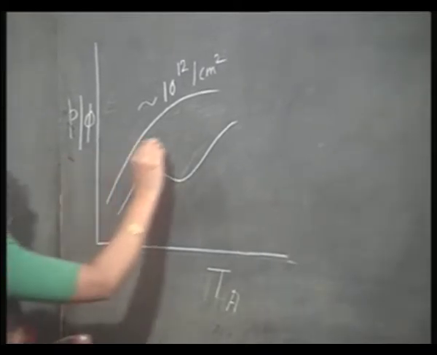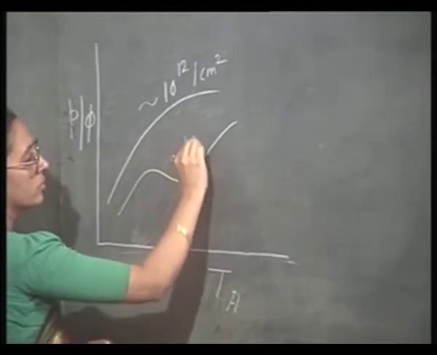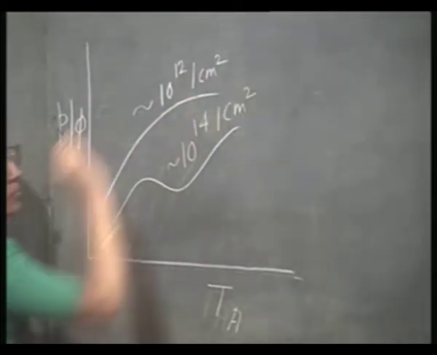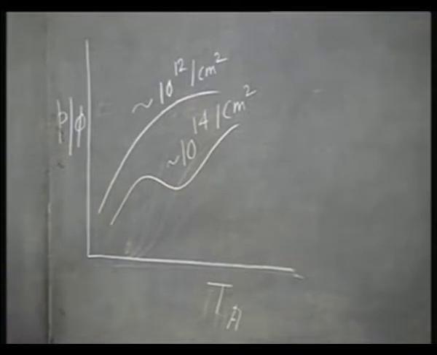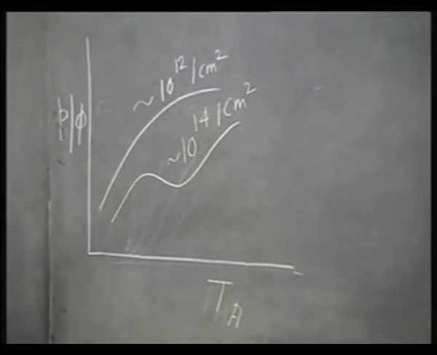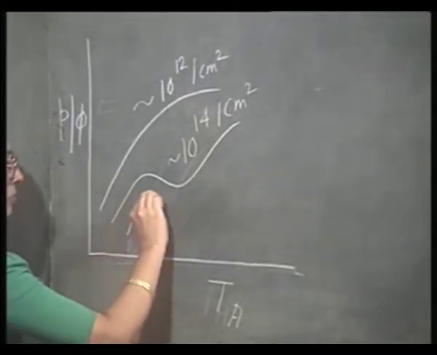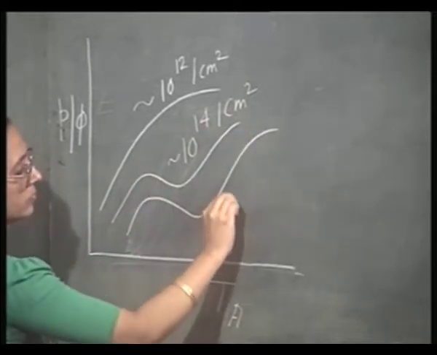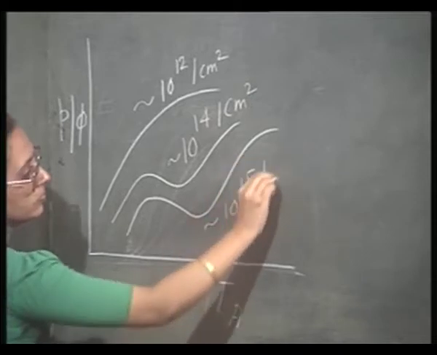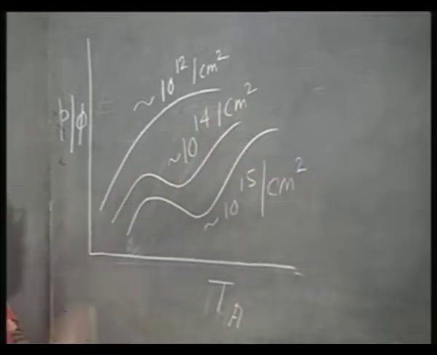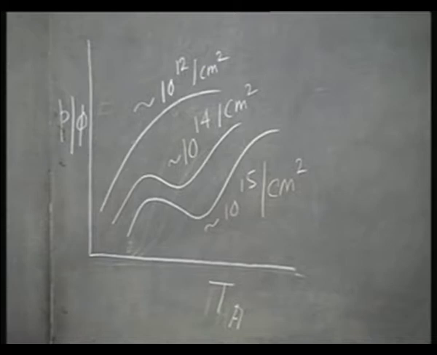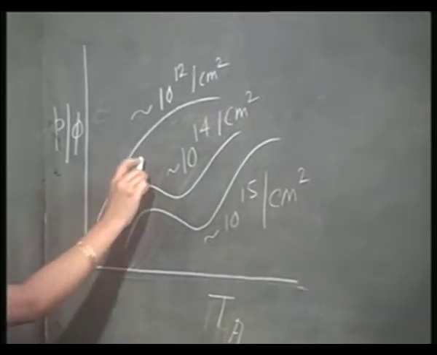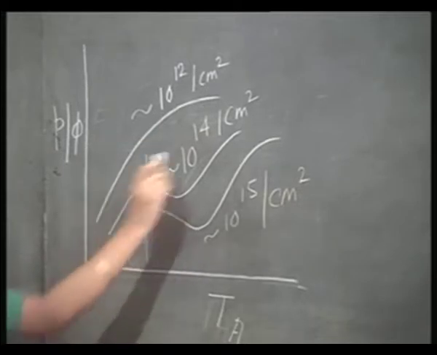This is happening say for around 10 power 14 per centimeter square. If I go to still higher dose, I can divide this anomalous curve in 3 regions.